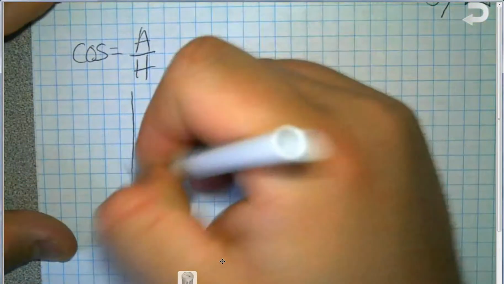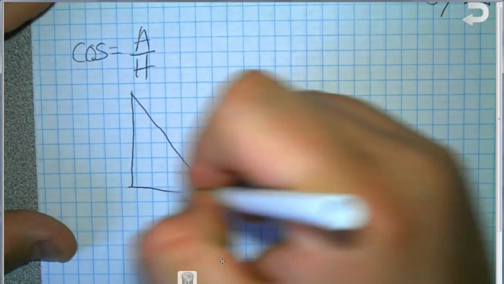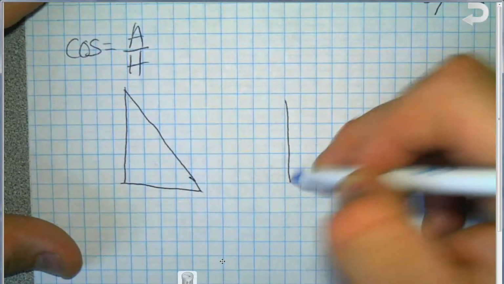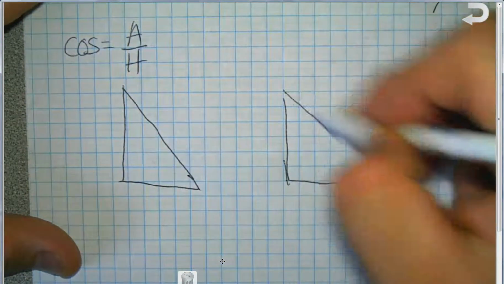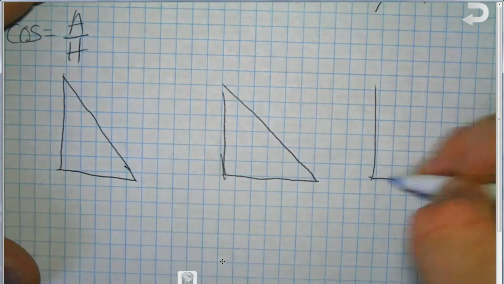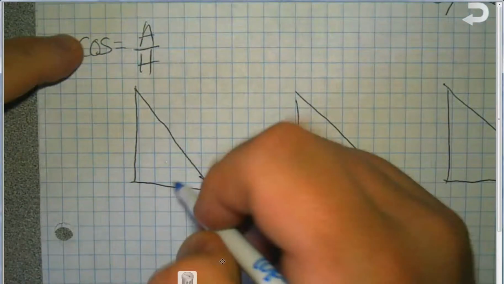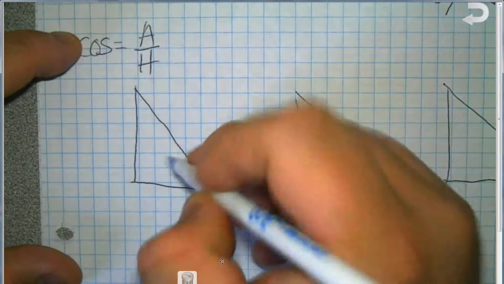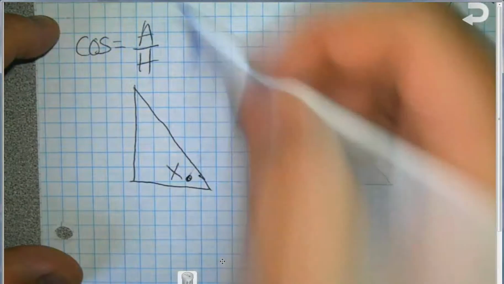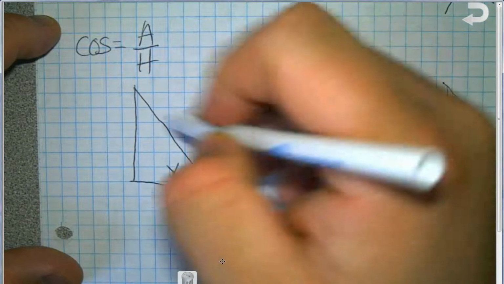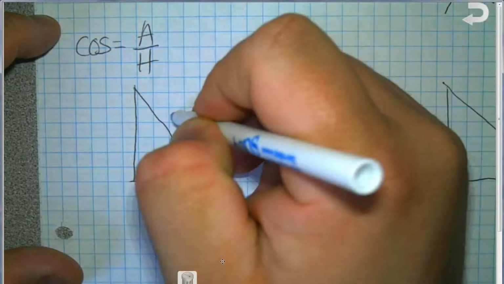So let's draw 3 triangles again. We're going to draw in our angle and pretend like we don't know what it is. So that's x. 12 and 13.